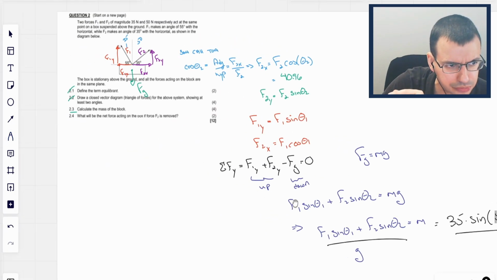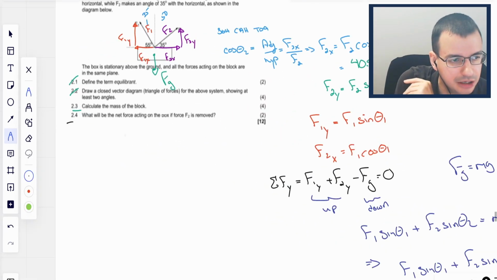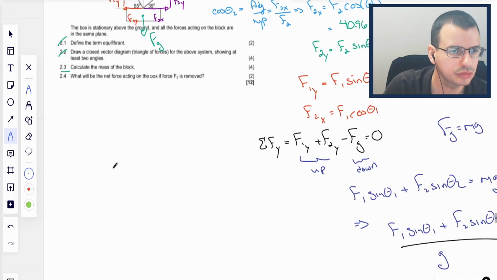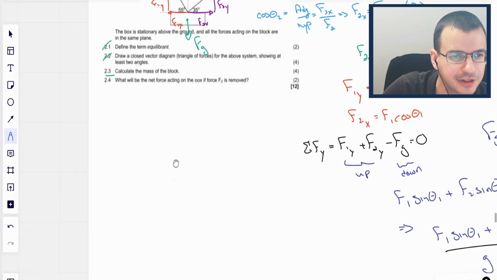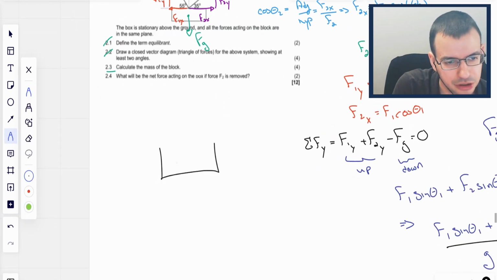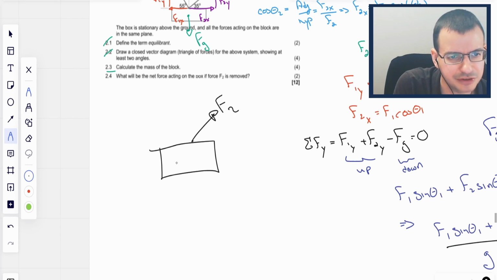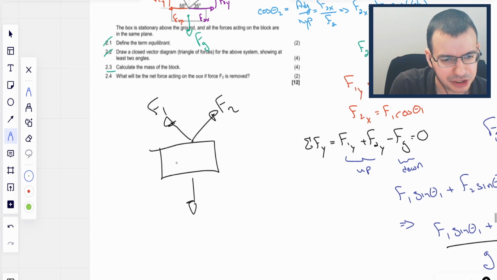All right, part D, by part D I mean 2.4. What will be the net force acting on the box if F2 is removed? Okay, so for this one, I'm going to draw a picture. So we have F2, F1, and mass gravity.